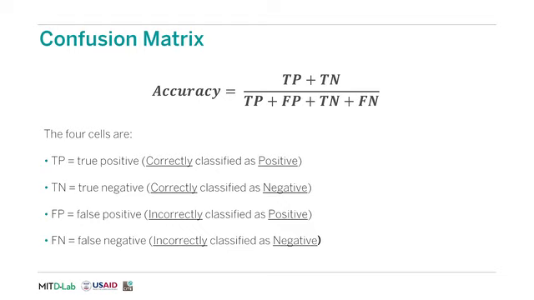True positives, which would be correctly classified as positive. True negatives, correctly classified as negative. False positives, which would be values that were incorrectly classified as positive by the algorithm. False negatives, which would be values incorrectly classified as negative. And if we were to add the true positives to the true negatives and divide that by all four, we would end up with the value of the accuracy of the model.